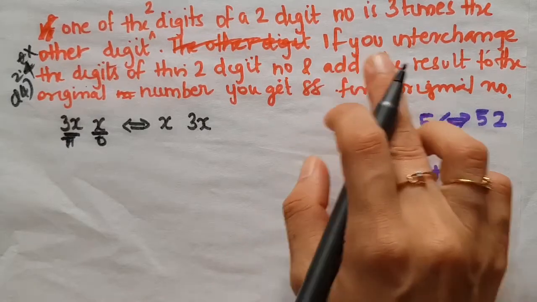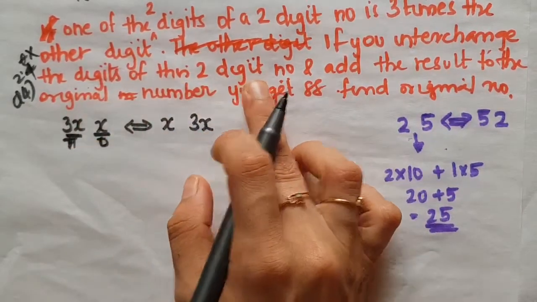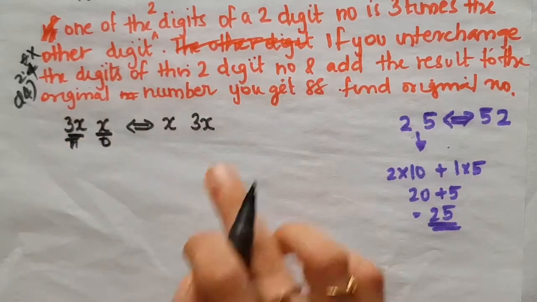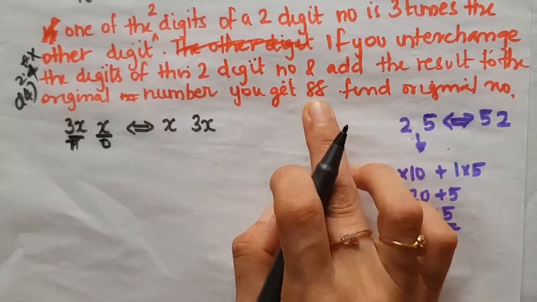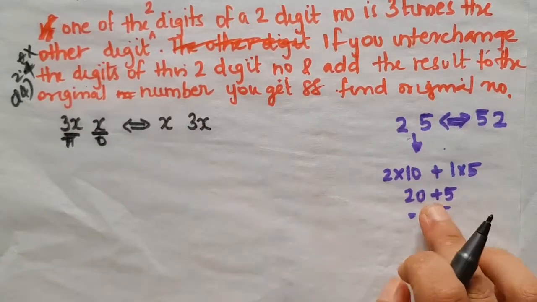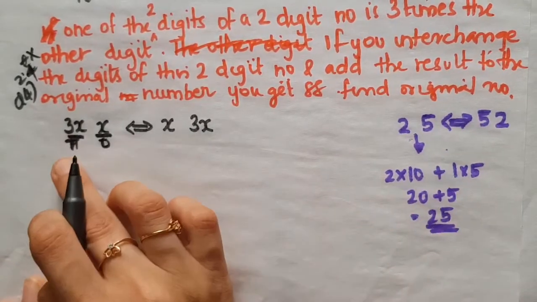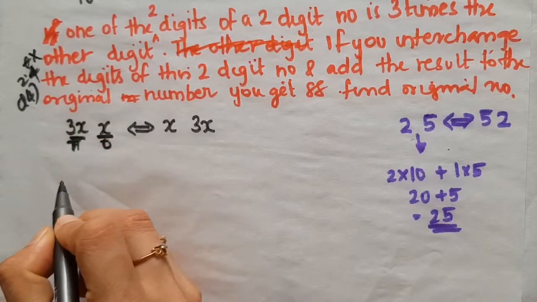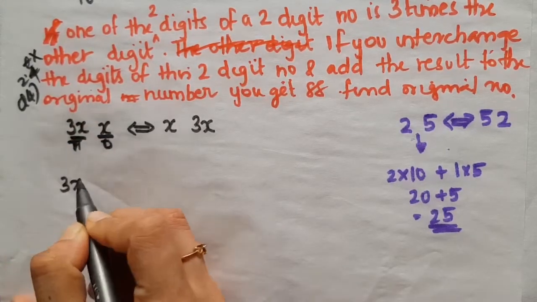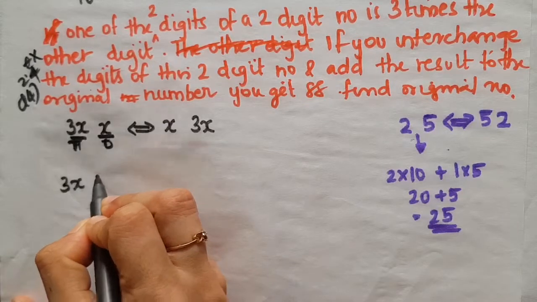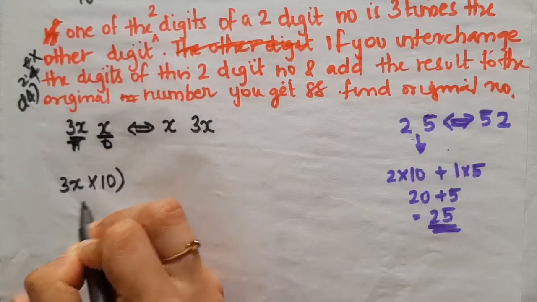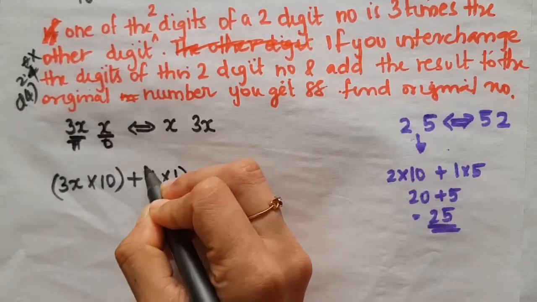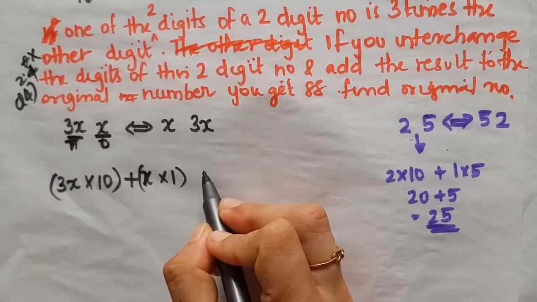So if you interchange the digits of this 2-digit number and add the result to the original number, you get 88. How do we form the equation? The first term will be 3x times 10 because it's the tens place, plus x times 1 because x is in the ones place.